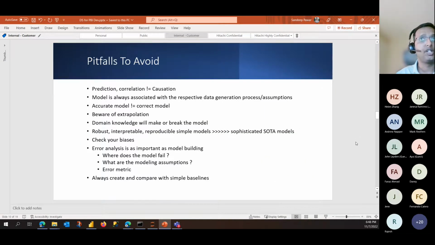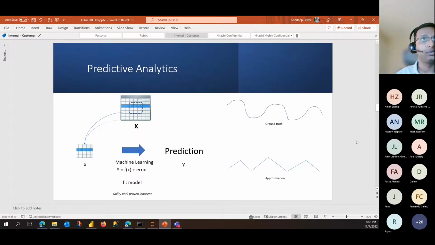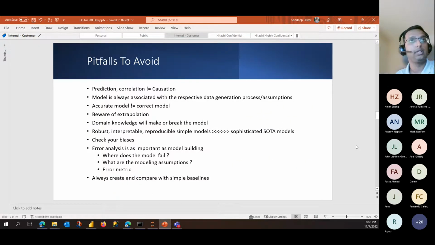So the pitfalls that you want to avoid, and the reason why I'm telling you this early on instead of at the end, is because when a data scientist comes to you, or when you are working on a data science project, the temptation is to extend this model and apply it to everything, which is not going to be correct.